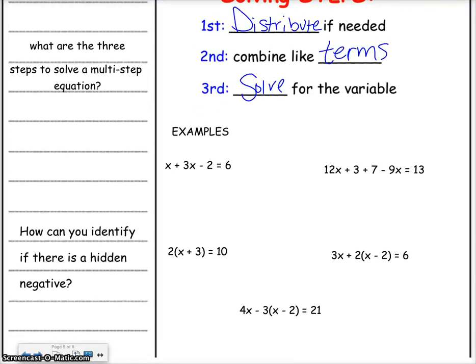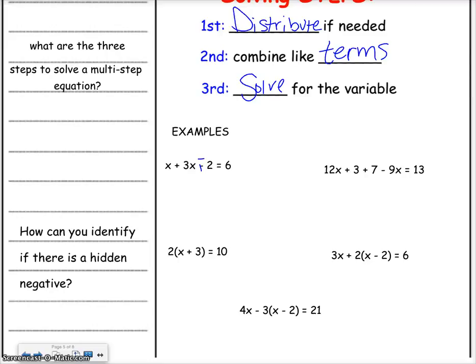Alrighty. Don't forget I have the non-spoken step of plusing a negative. Actually, it was spoken on the first. You want to make sure always plus a negative. So I have x plus 3x plus a negative 2 is 6.